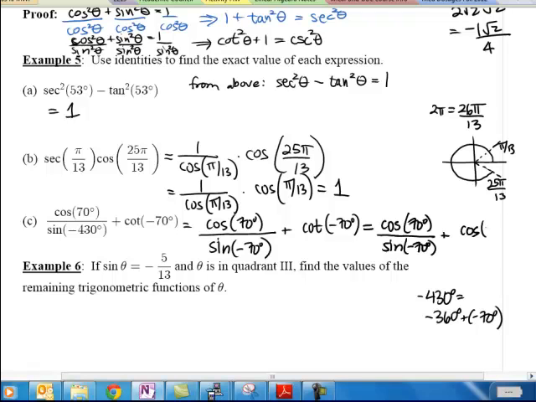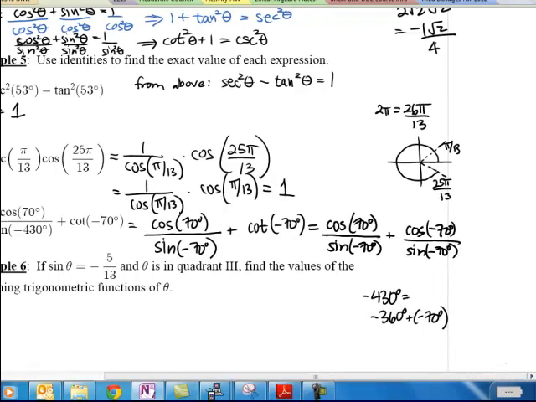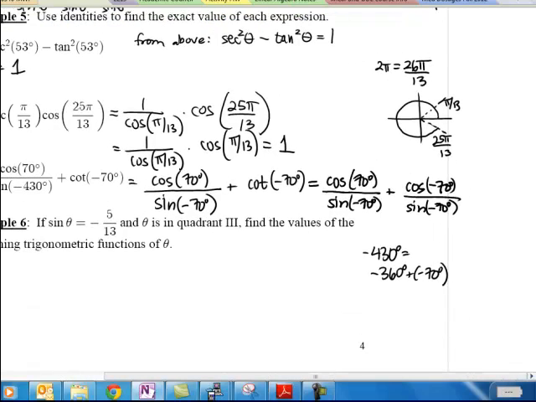So we could rewrite that. And then we want to think about 70 degrees versus negative 70 degrees. We rotate 70 degrees or negative 70 degrees, the cosine values are going to be the same, right? Because it's the x-coordinate of that point.